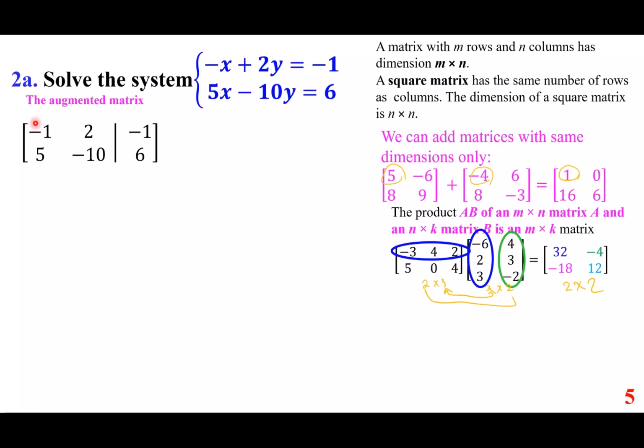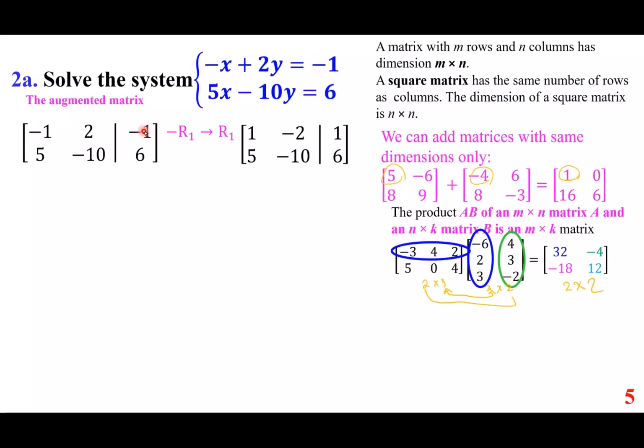And for example, in this row, in order to change this -1, you can multiply this one by -1. So we're going to multiply the whole row by -1. And the notation is that minus row 1 goes to row 1. So multiply this one by negative. This becomes +1, -2, +1. That's the first one.